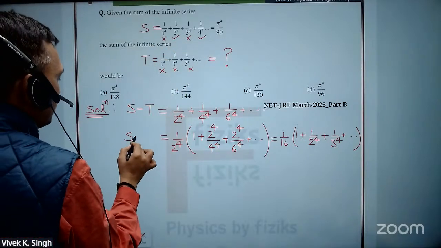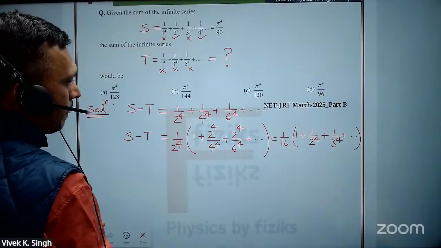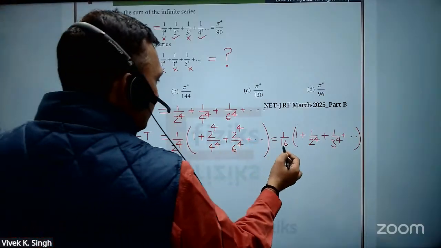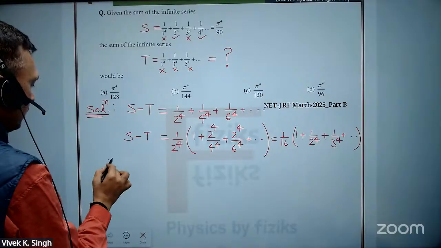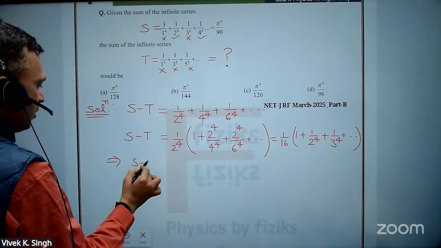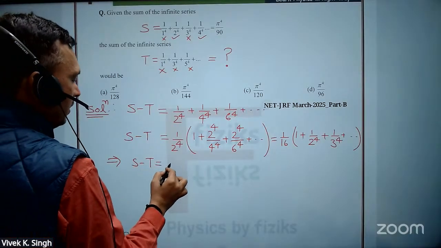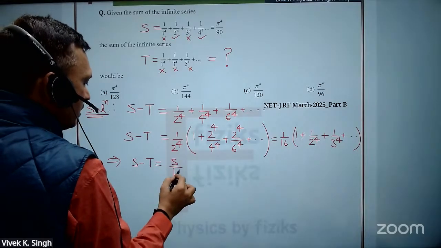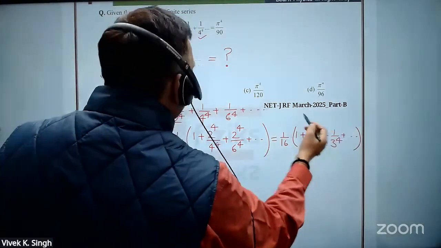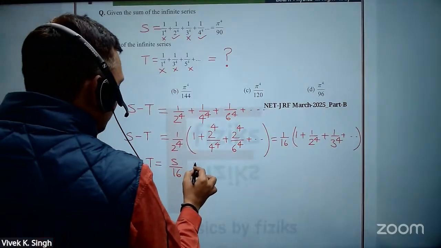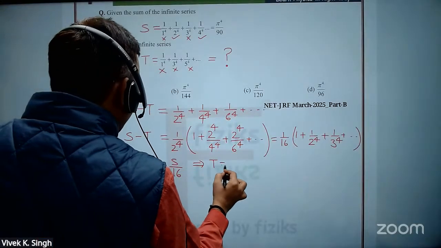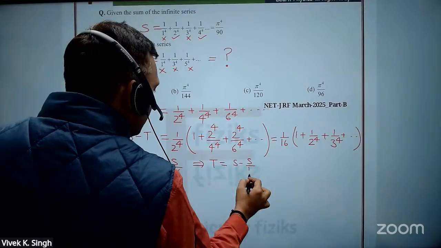So this is S minus T, and that is giving you S by 16. Just see, this value is again the same value S. So T will be S minus S by 16.